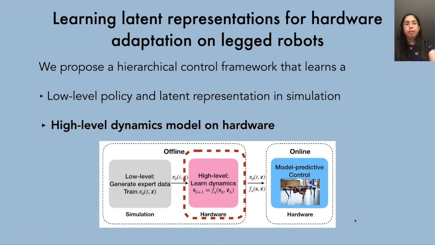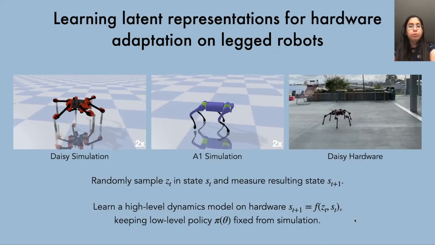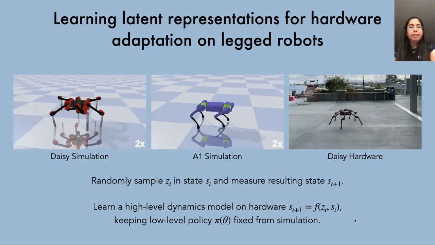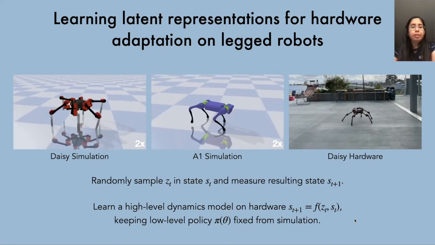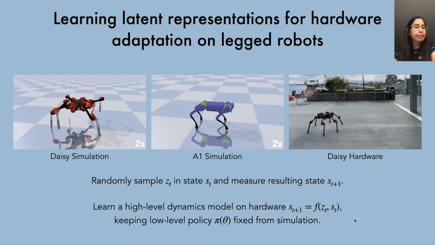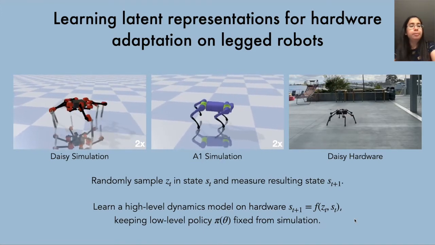Now, once we have learned this low-level policy parameterization theta and high-level action space Z, the next thing we do is learn a dynamics model where Z serves as the action. To do this, we randomly sample a large number of Zs and measure the resultant change in state of the center of mass of the robot.